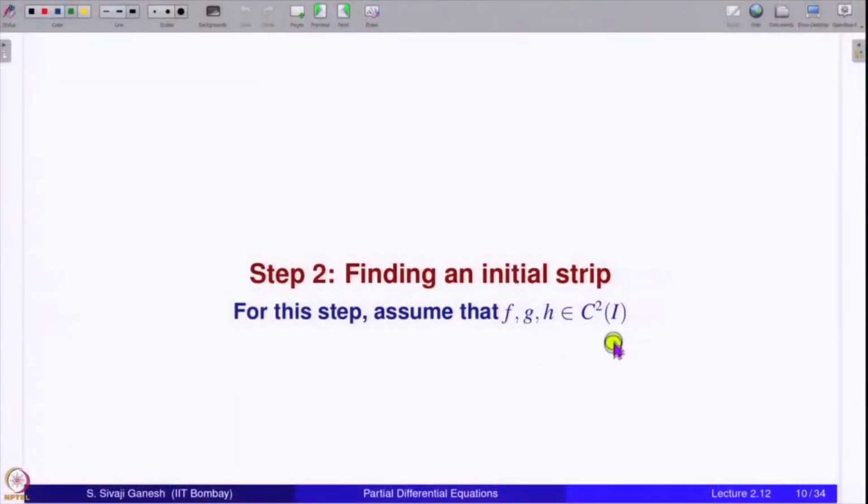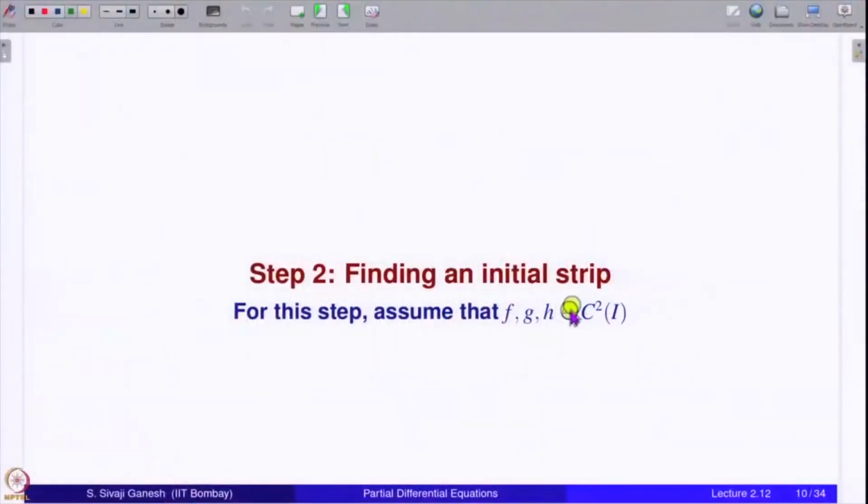Okay. For this step, we are going to assume that the initial data is C2, F, G, H are all C2 functions. This is only a temporary requirement. We will see a comment later on saying that this is not needed at some point. As I told you, to derive the equations, we can assume anything that we want, but having got the equations, we have to try to show that things work with the minimal assumptions.